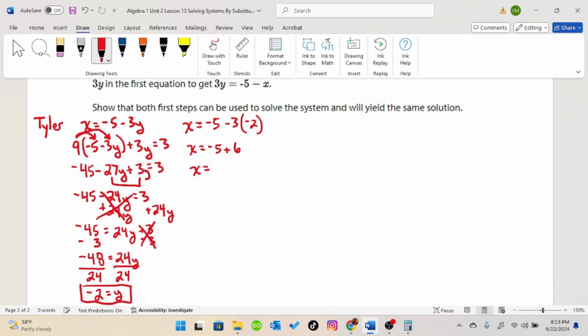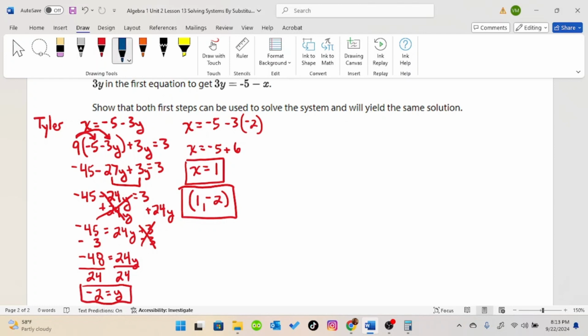And negative 5 plus 6 equals 1. So using Tyler's method, the answer is 1, negative 2. This is the point where the lines will cross each other on a coordinate plane.